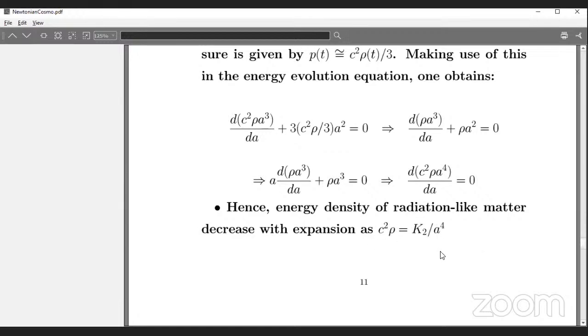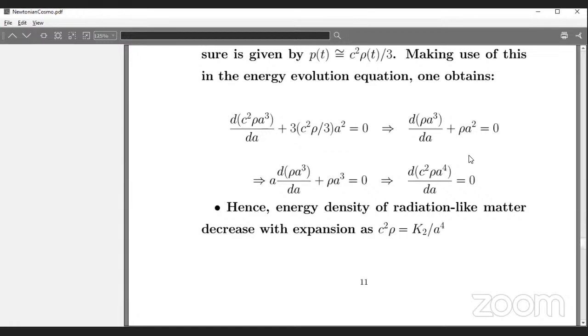The answer is very easy. The number density of ultra-relativistic particles should of course fall as 1 over a cubed, because the total number of particles in a comoving sphere is constant. So as the sphere increases its volume as a cubed, the number density should fall off as 1 over a cubed. But energy density is nothing but h nu, where nu is the frequency of photons, times the number density. But because the universe is expanding, the wavelength is getting stretched out.